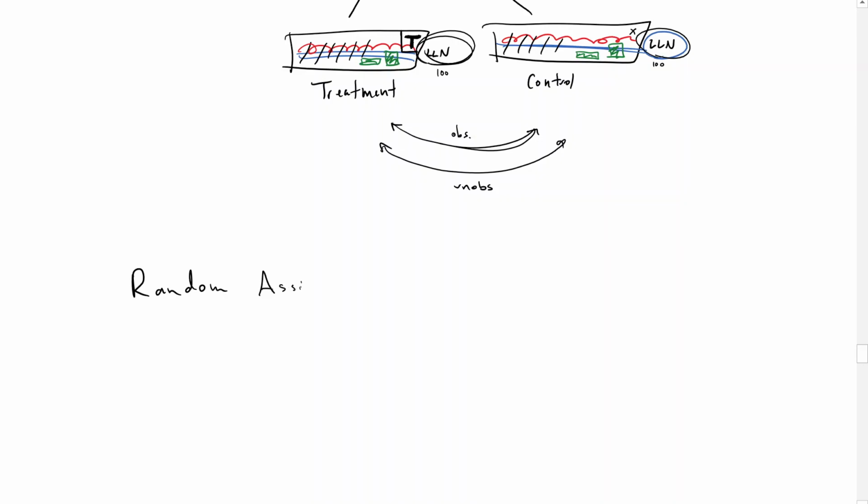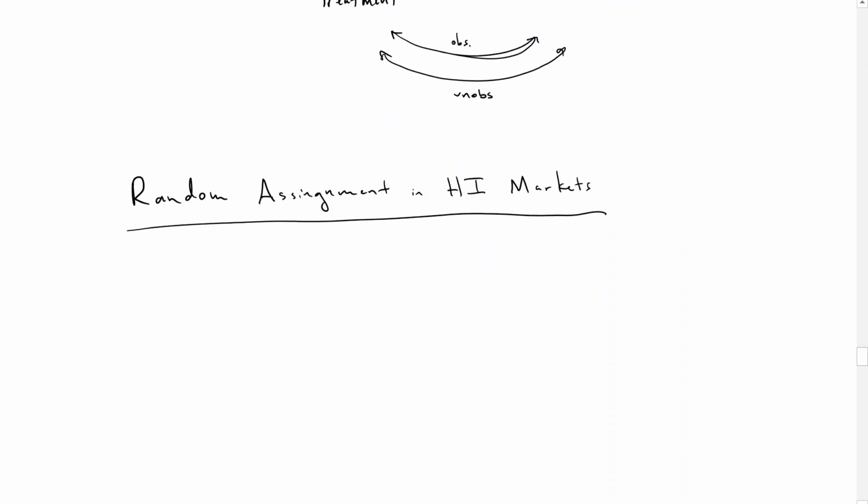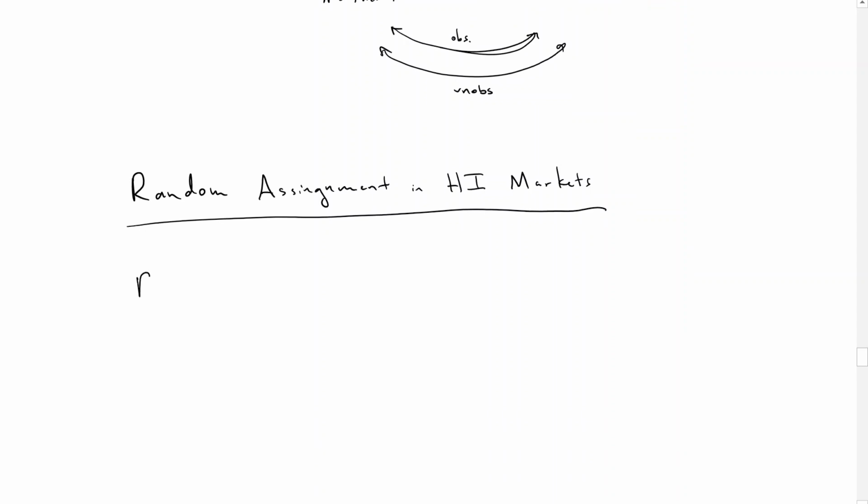So, random assignment in health insurance, HI, markets. Couple examples in the past. The main one we're going to be discussing in this video is the RAND health insurance experiment, which I'll just abbreviate from now on as RAND HIE.